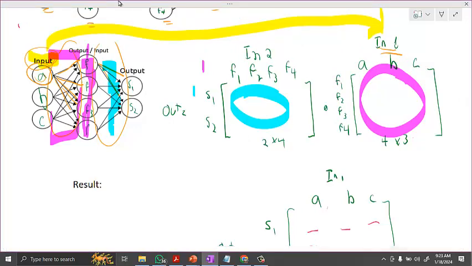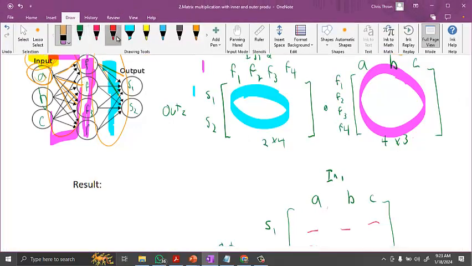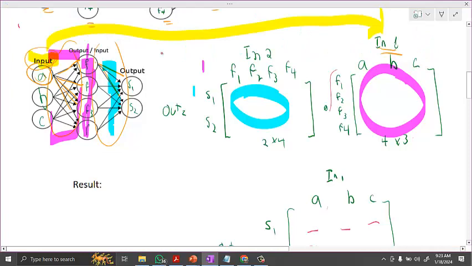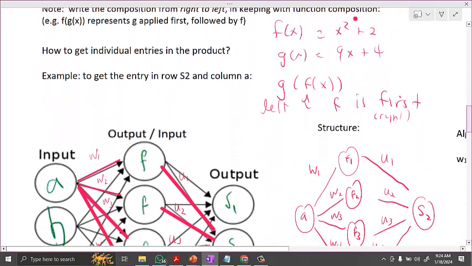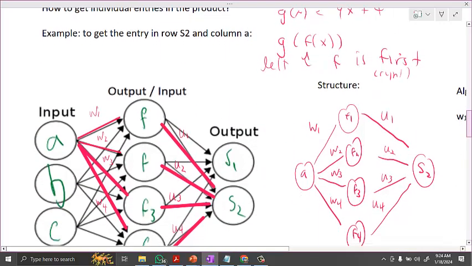You can see that the intermediate quantities here match the intermediate quantities here. So you have the same number of columns here that you have rows here. Everything is matching. Okay. So this is how matrices are giving me the relationship between my inputs and outputs.